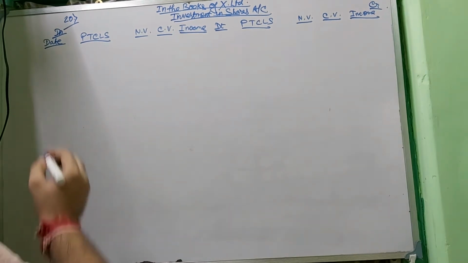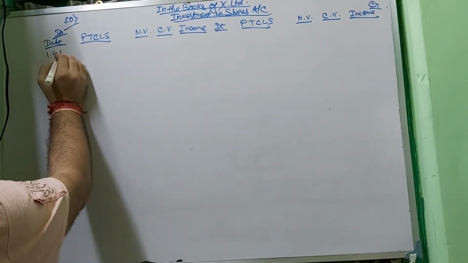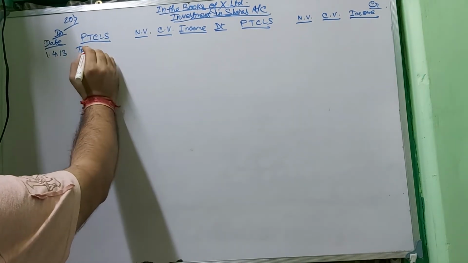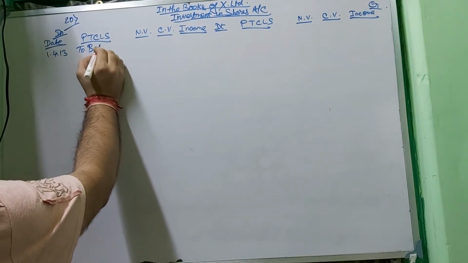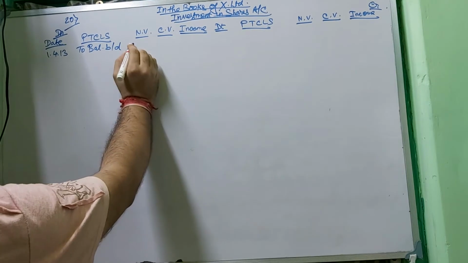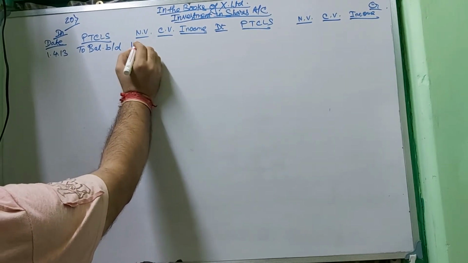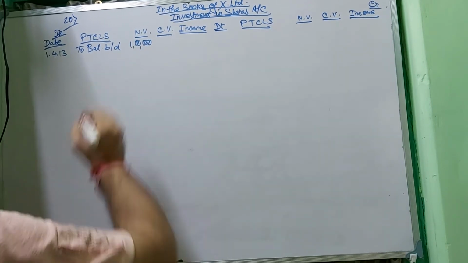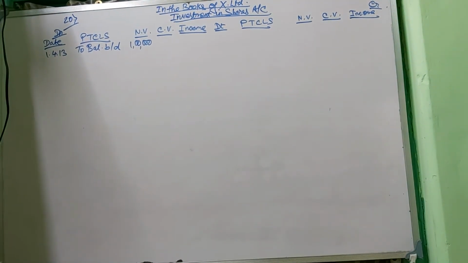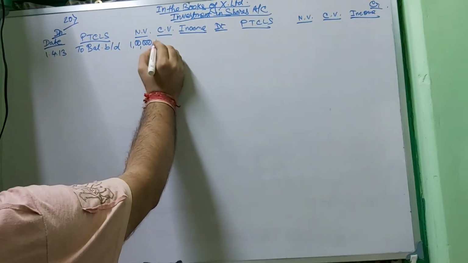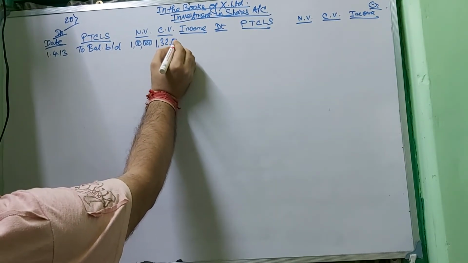Start with 1/4/13, to balance b/d has been given, 10,000 shares of 10 each means 1 lakh, and capital value has been given 1,32,000, right?